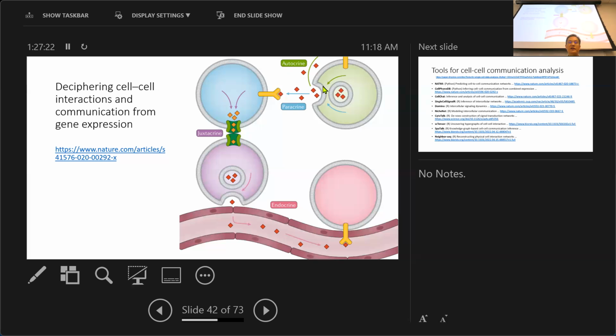One is called autocrine. Paracrine is the form that we will focus on. In this case, one cell type produces a ligand and another cell type produces receptors. If they are established pairs, then this ligand will bind to the receptor to activate the downstream signaling pathway to make a change in the target cell type. And juxtacrine requires physical contact, while endocrine communicates through the bloodstream.